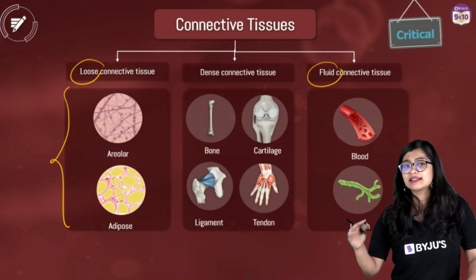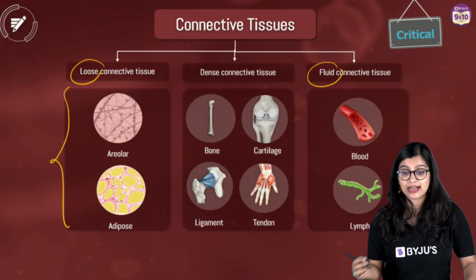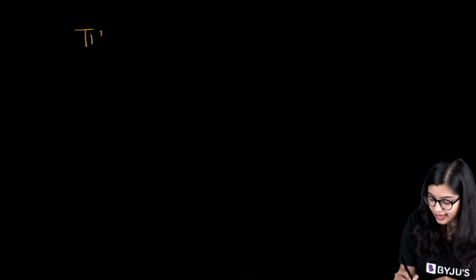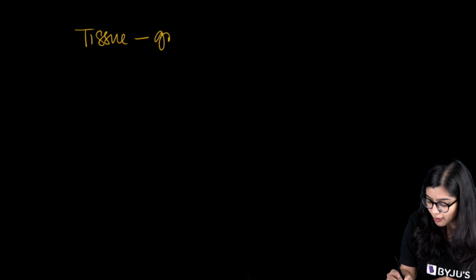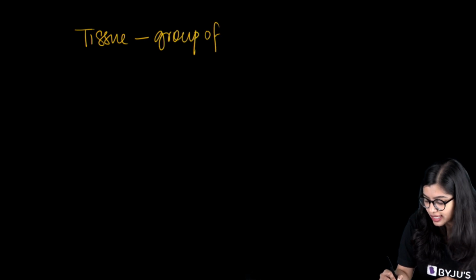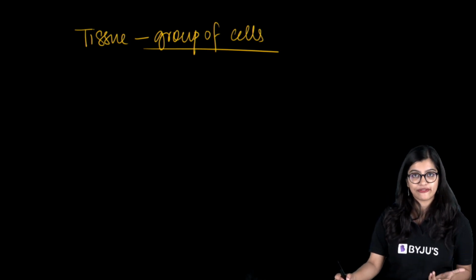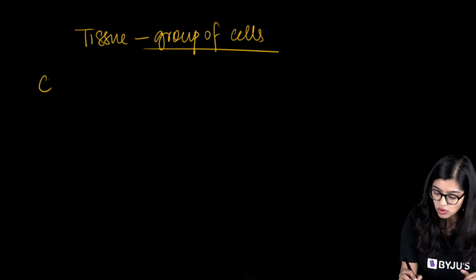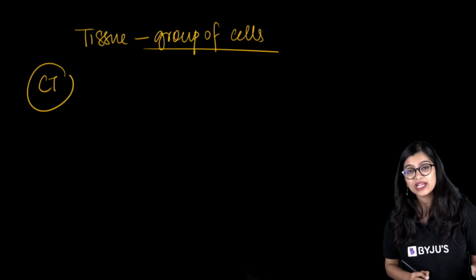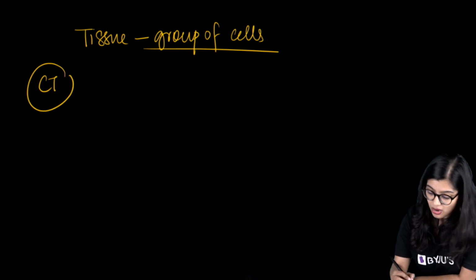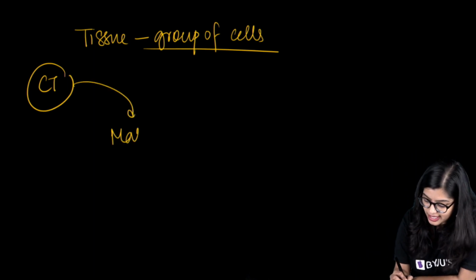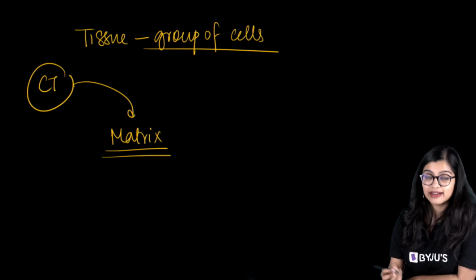This comes from understanding a concept called the matrix. Normally, tissues are a group of cells that are similar in structure and perform a common function. In connective tissues, these cells are found embedded in a matrix.